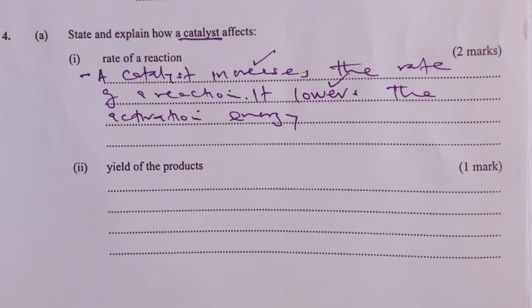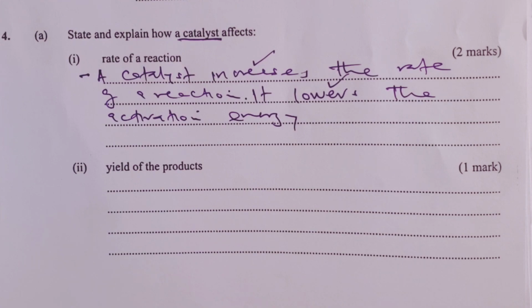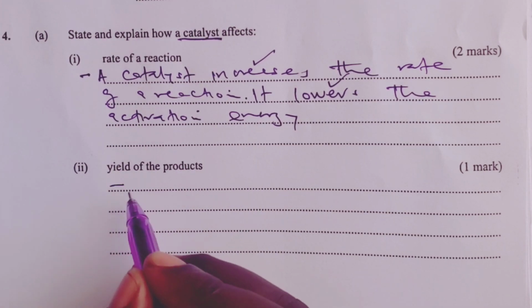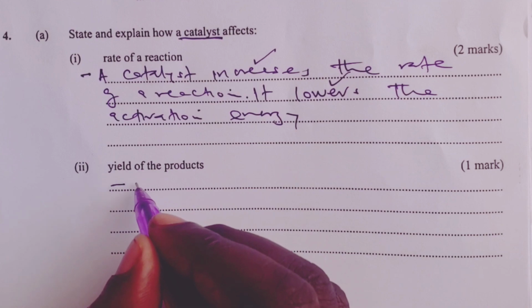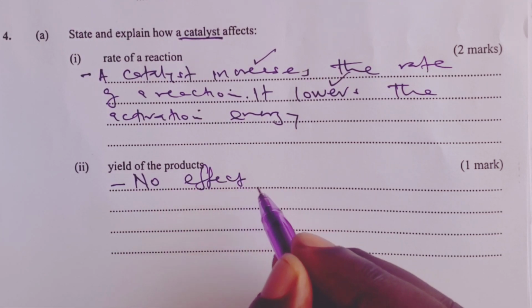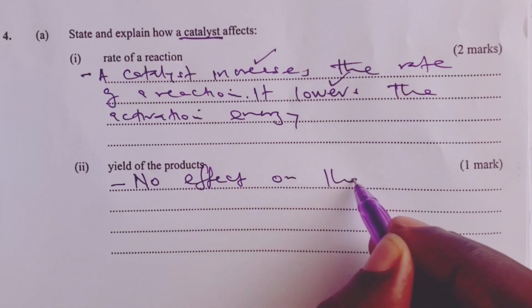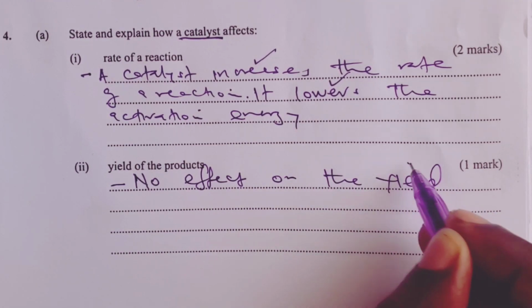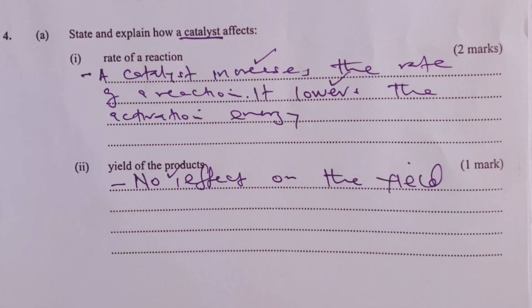We proceed to part 2, where we are supposed to state and explain how a catalyst affects yield of products. And here we know a catalyst has no effect on the yield. This is only 1 mark, so no effect for that 1 mark.